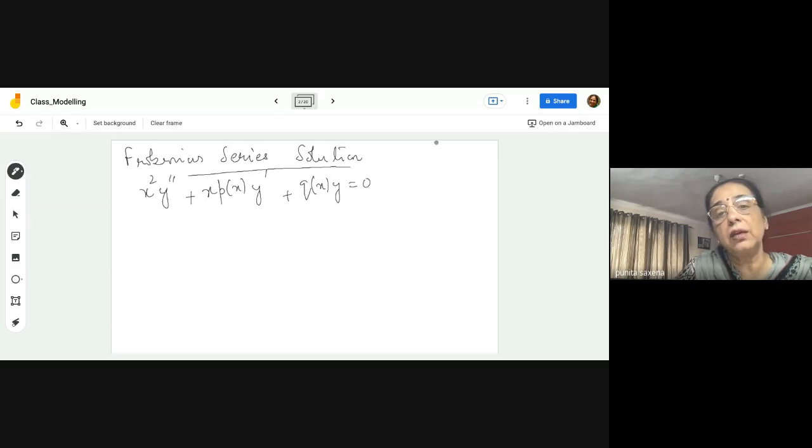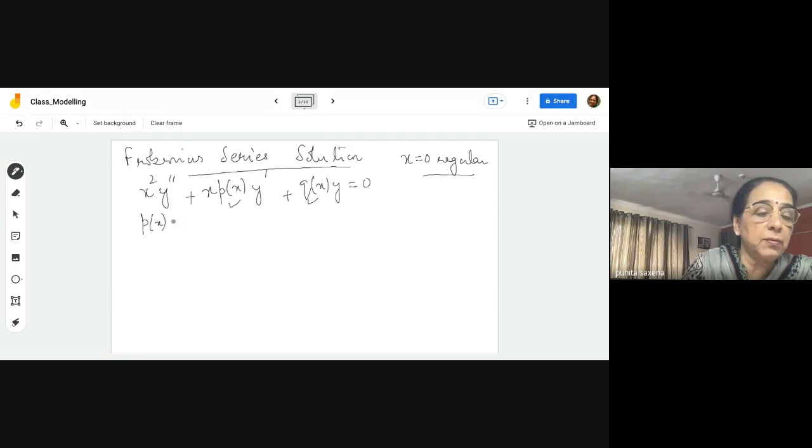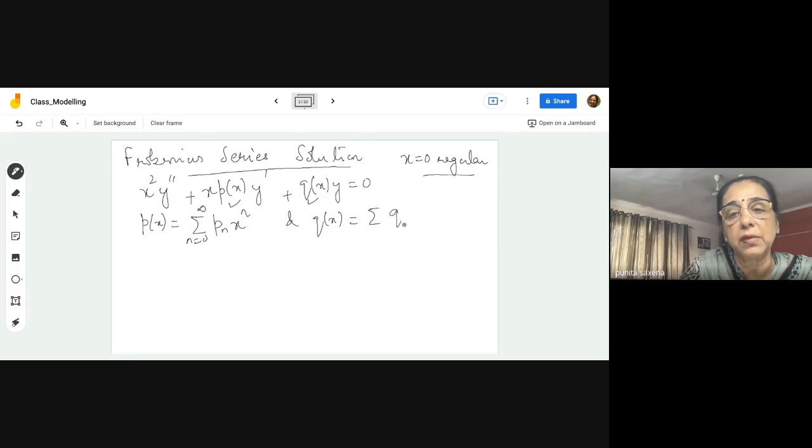Secondly, we are assuming that x equal to 0 is a regular singular point, that means both p and q are analytic, and p(x) is summation p n x to the power n, where n varies from 0 to infinity, the way we did yesterday. So it is going to be p0 plus p1 x plus p2 x squared and so on, and q(x) is summation q n x to the power n from 0 to infinity. Why? Because x equal to 0 is a regular singular point, and therefore both p and q are analytic at x equal to 0.